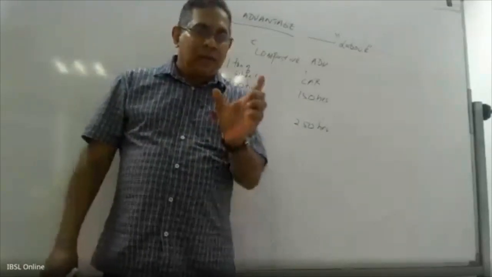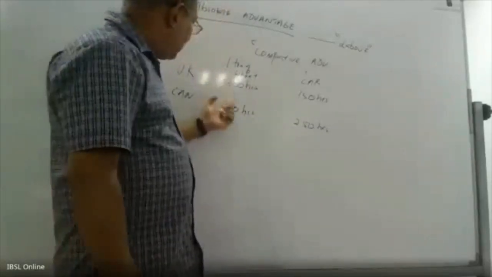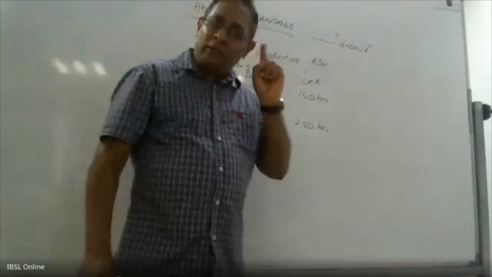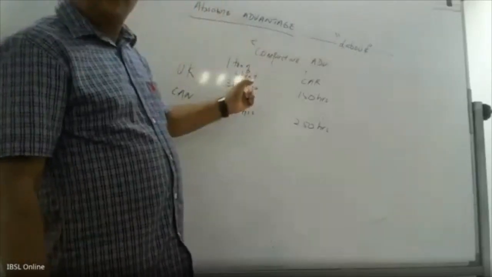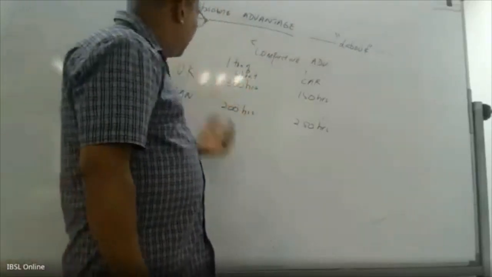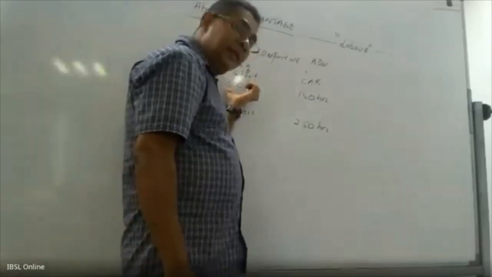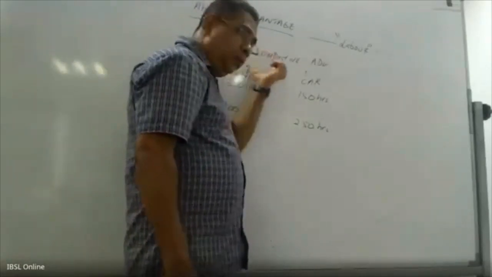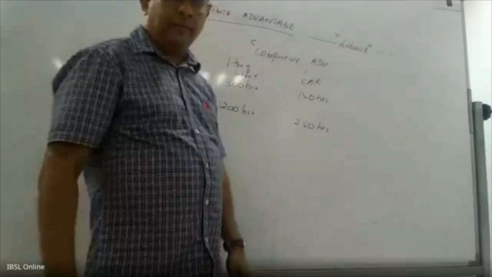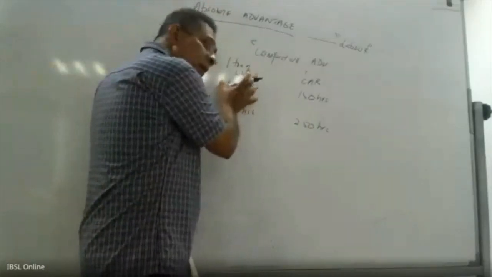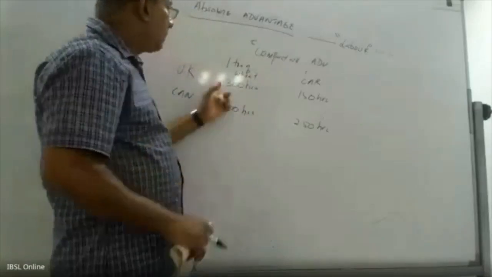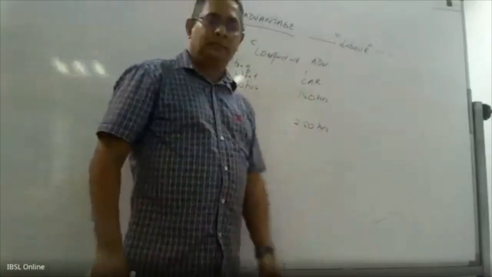So what they decide, because this is a hypothetical thing, the UK has 300 hours going into making a ton of wheat. So the UK will give these 300 hours to make cars.